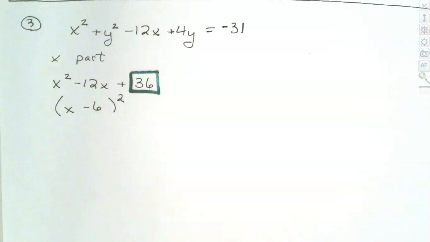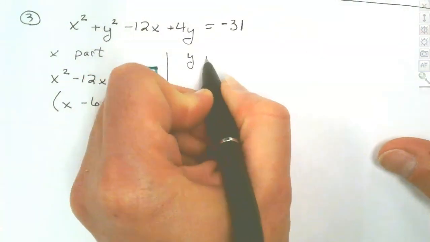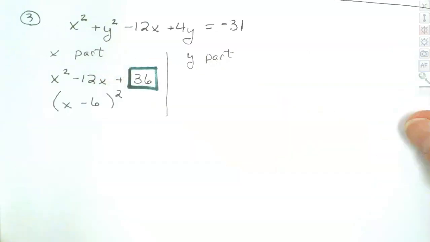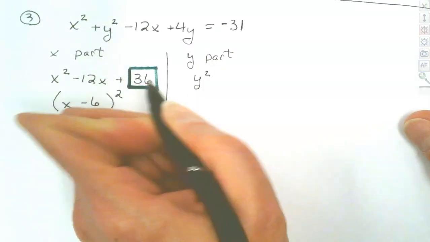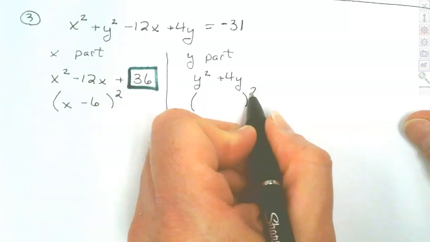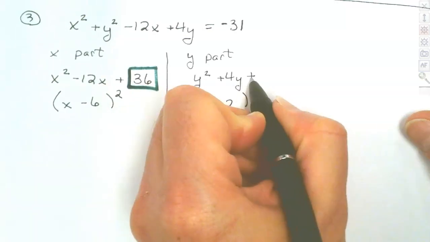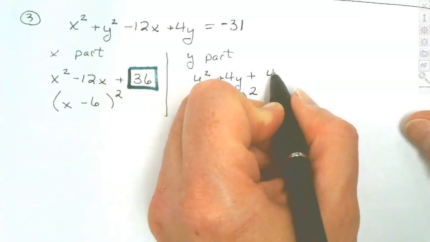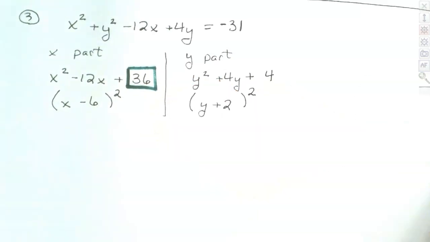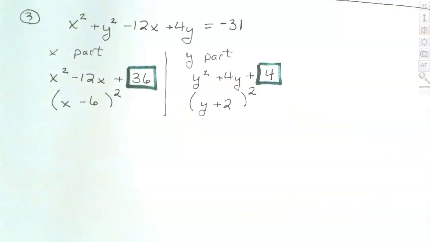Okay. What about the y part? Well, the y part is done in a very similar manner. We've got y squared plus 4y, and half of 4 is a 2. And then what do we do with that 2? We square it, and 2 squared then is a 4. Now we can rewrite it, and we can see what we have left here.